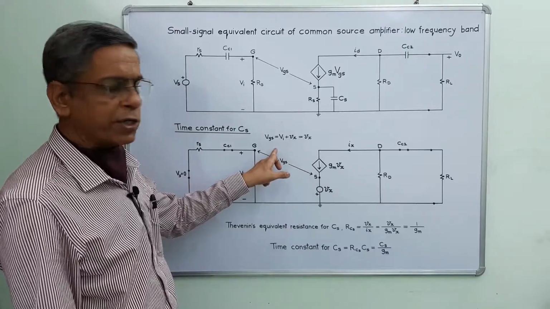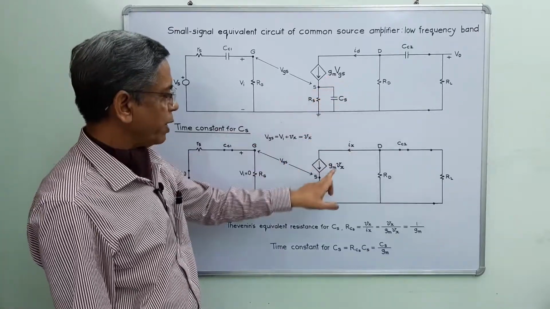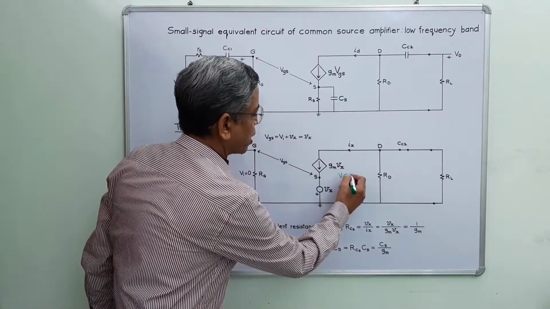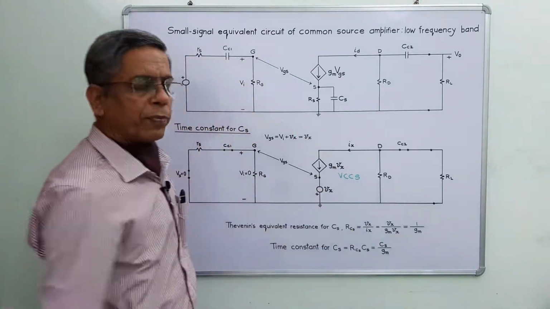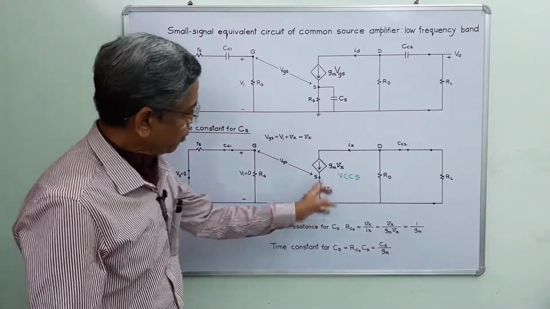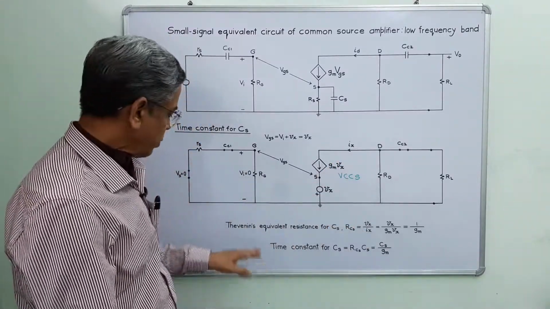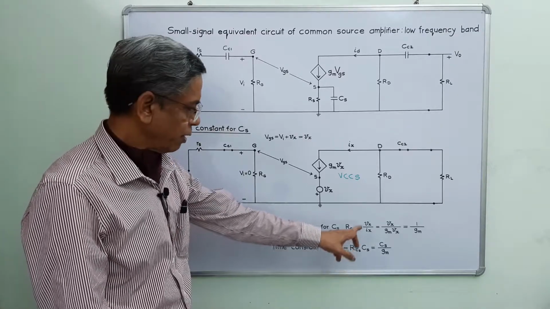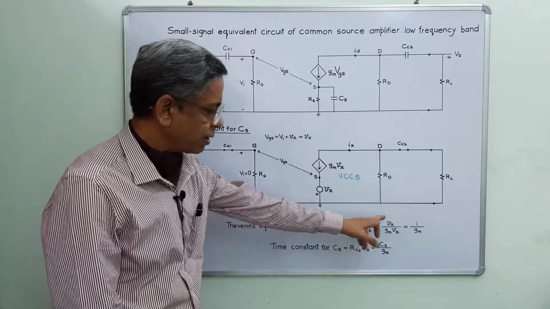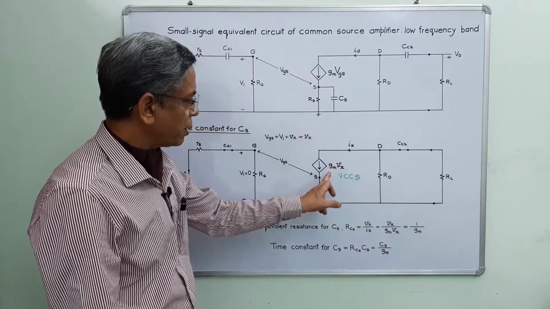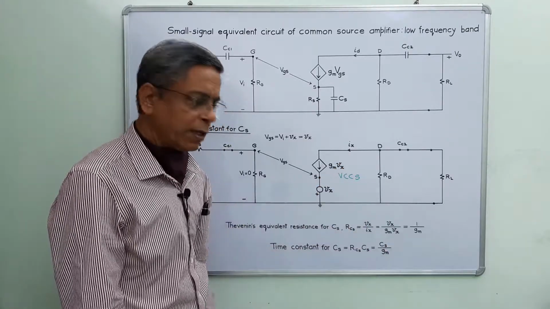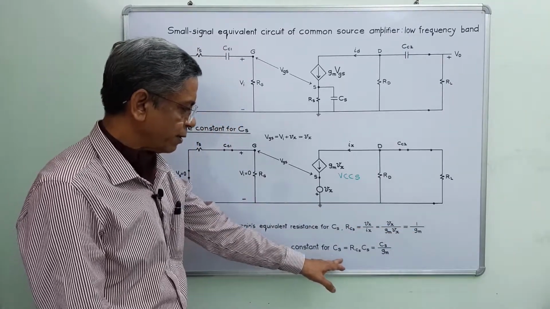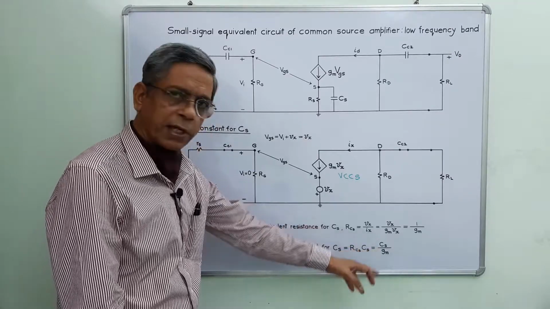Because of this equation, this Gm VGS will be Gm Vx, and this is a voltage controlled current source. From this loop, we can determine the Thevenin equivalent resistance for CS, that is RCS. It is Vx by Ix, Vx as it is, and Ix is the current, that is Gm Vx, and remains only 1 by Gm. Now the time constant for CS is RCS into CS, that is CS by Gm.